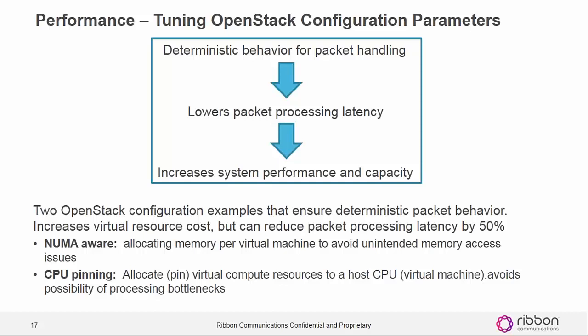When we looked at the issues, or the ways to optimize real-time communications, we ran into what's shown in this chart. We needed deterministic behavior for packet handling because that lowers packet processing latency, which increases system performance and capacity.